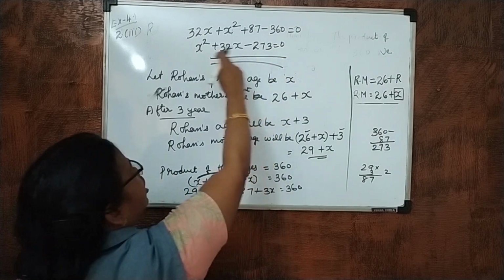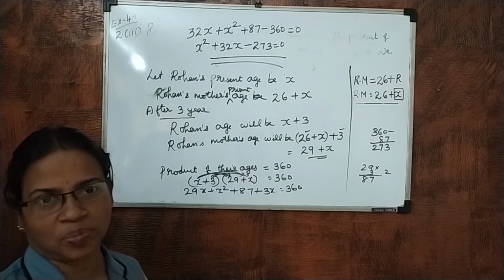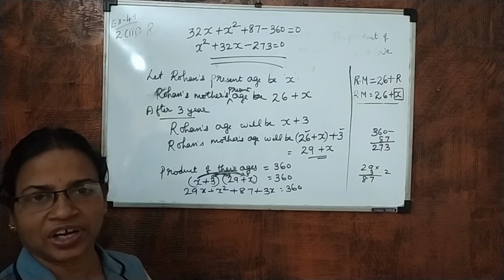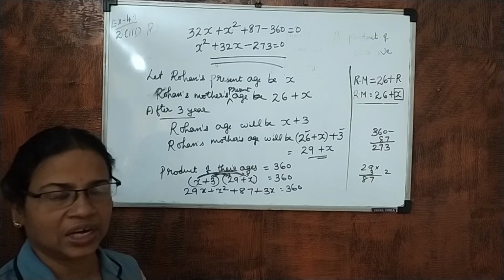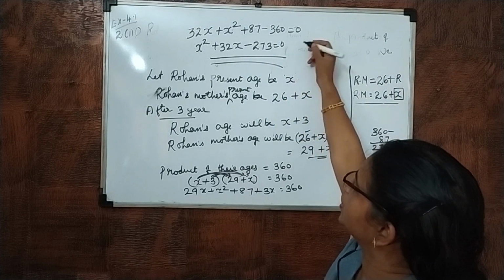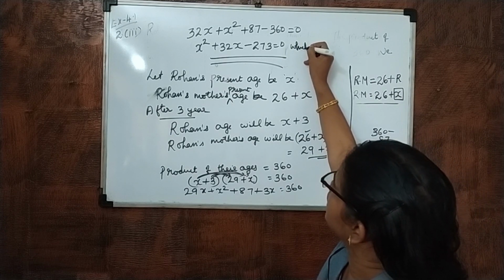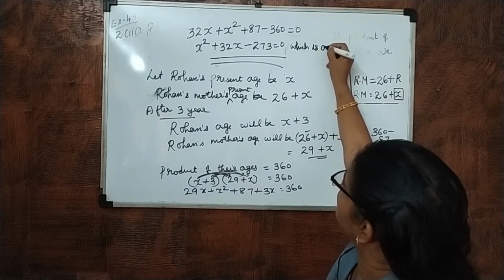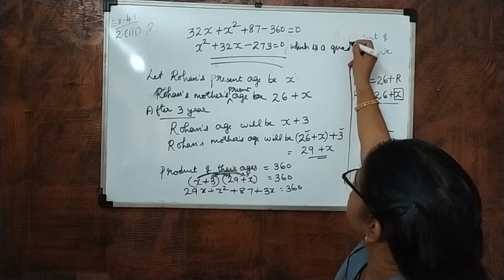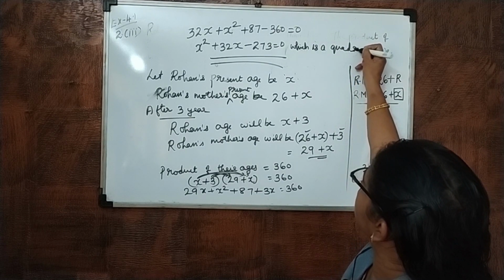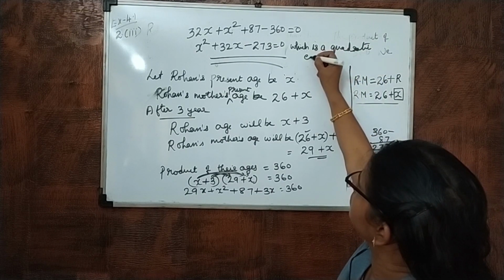Now this is a quadratic equation. We can stop there. They did not ask you to solve. Clear? After completing the answer, you can write: it is a quadratic equation.